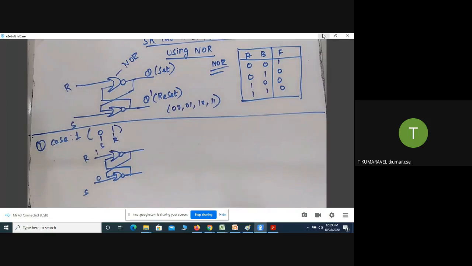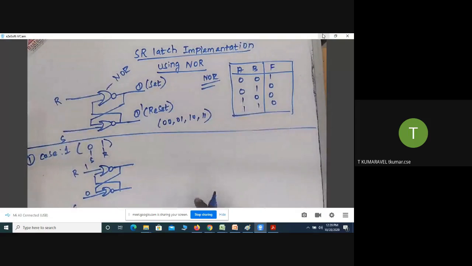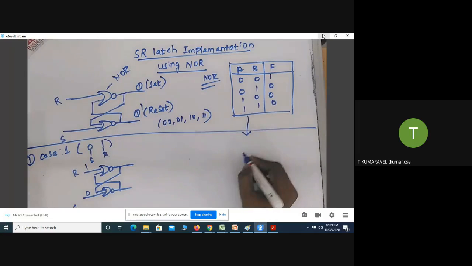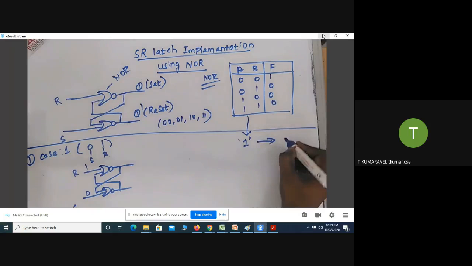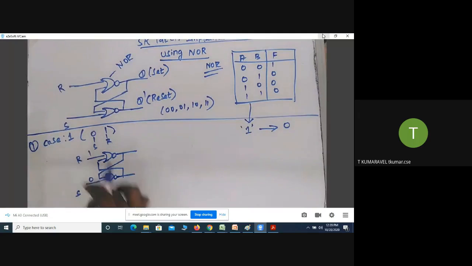From this NOR gate observation, what do you understand? If any one of the input values equal to 1, definitely the output value equal to 0. From this information, I am going to infer from this table. If you look at that table, one of the inputs is 1.